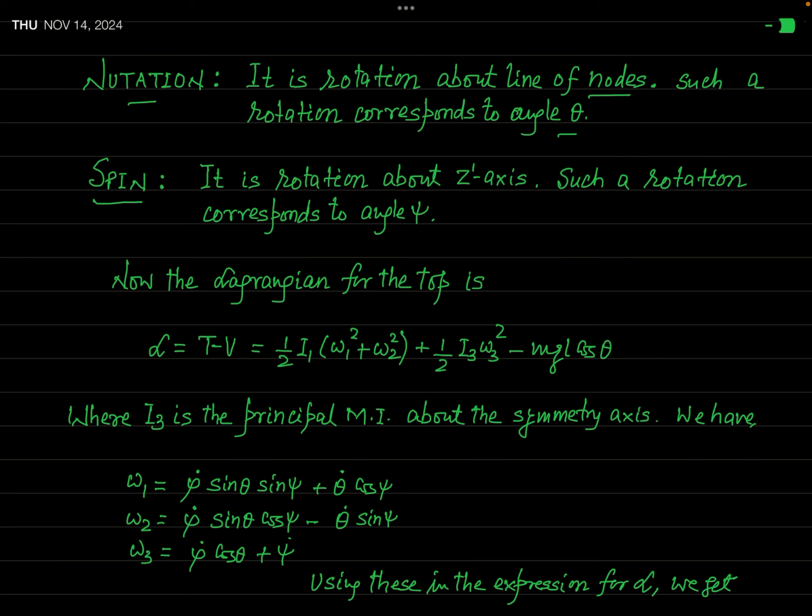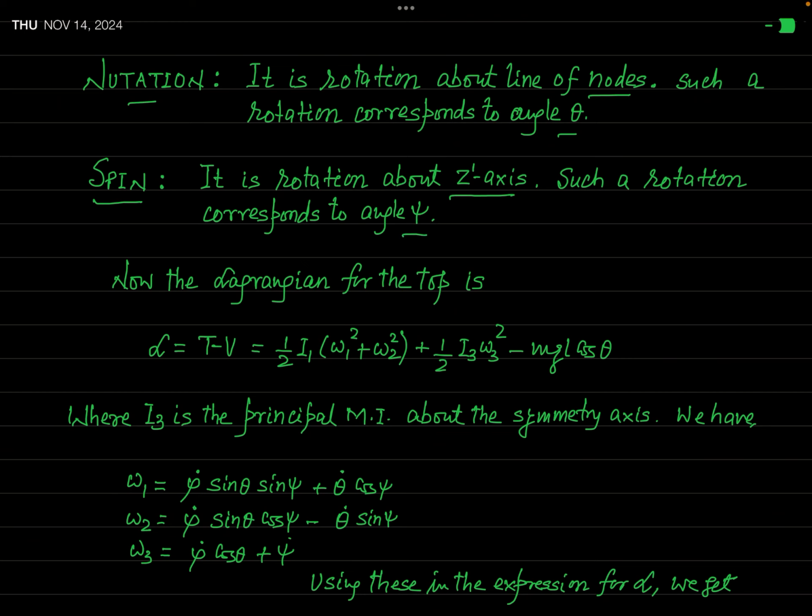So here spin is a type of motion, and in this present case it is rotation about the z-dashed axis. The z-dashed axis is the axis of symmetry or the body z-axis, and this spin is the rotation about this body z-axis, or you can say the axis of symmetry, and this rotation corresponds to angle psi.